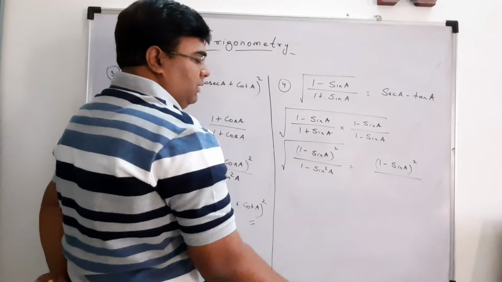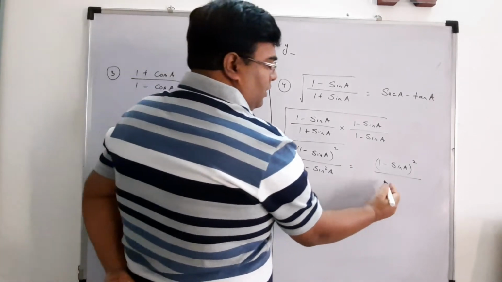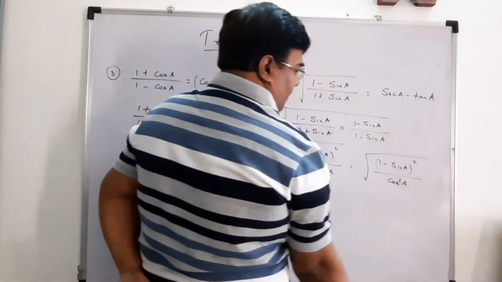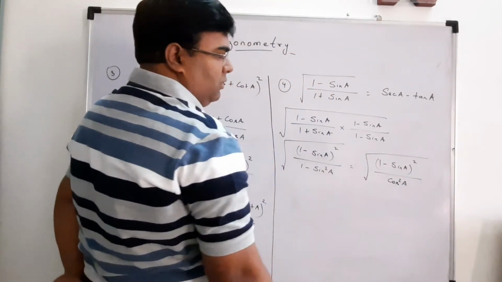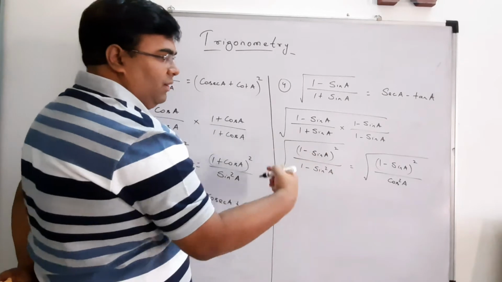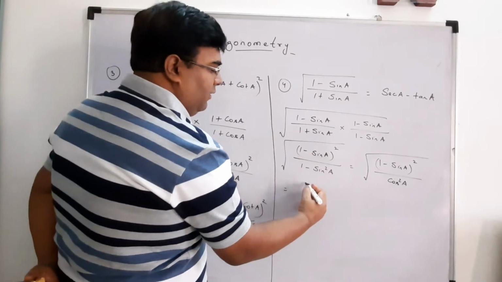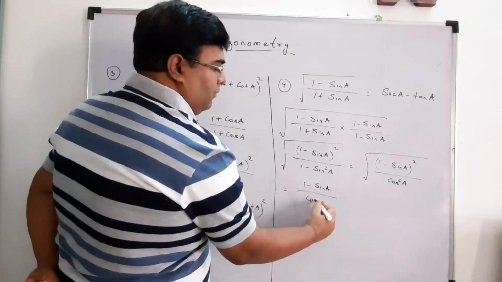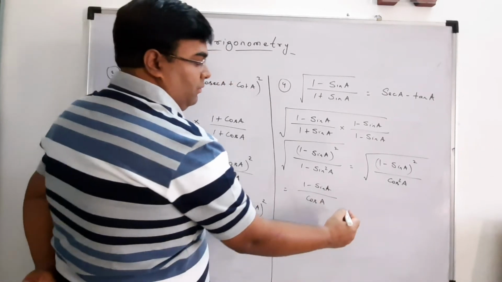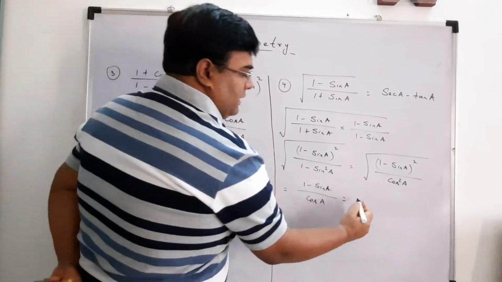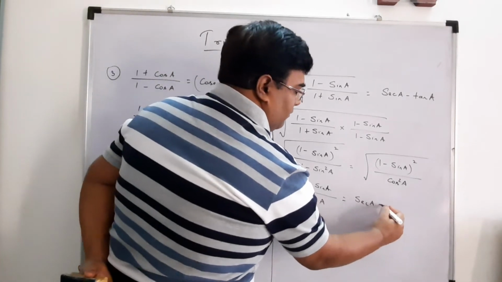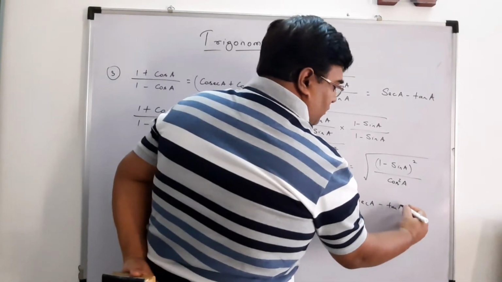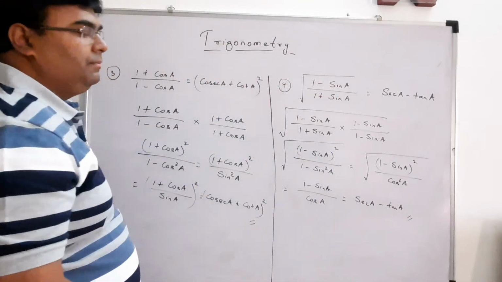So the square is there. 1 minus sin square A is cos square A. Now both have square terms, so it will come out, cancelling the square root. 1 minus sin A upon cos A. 1 upon cos A is sec A, and sin A upon cos A is tan A. Right?